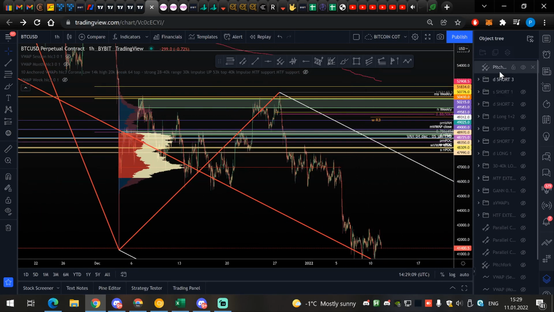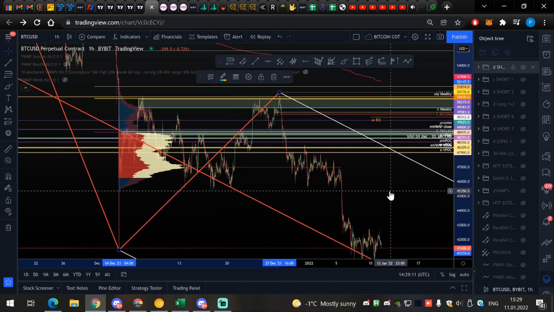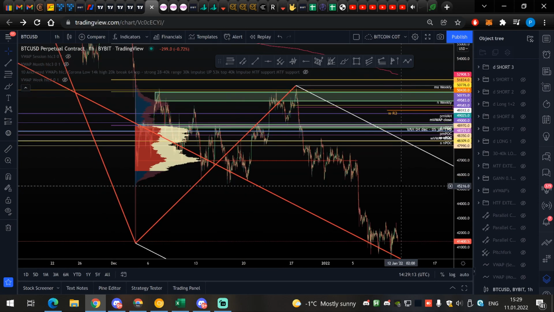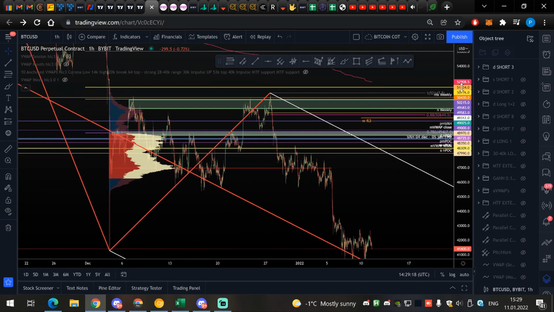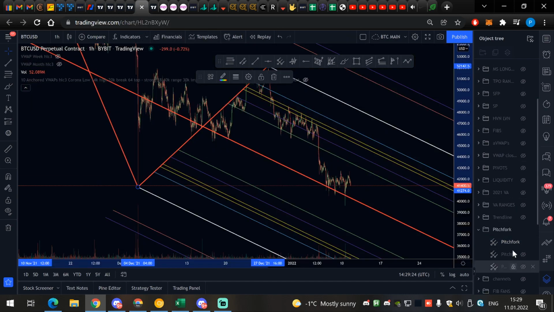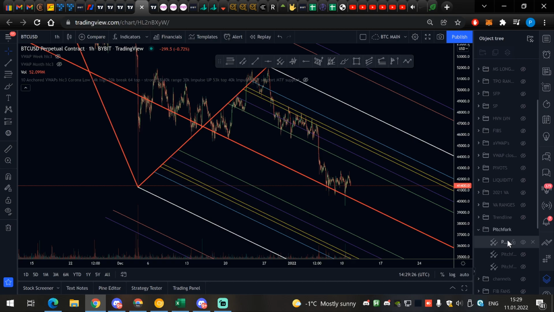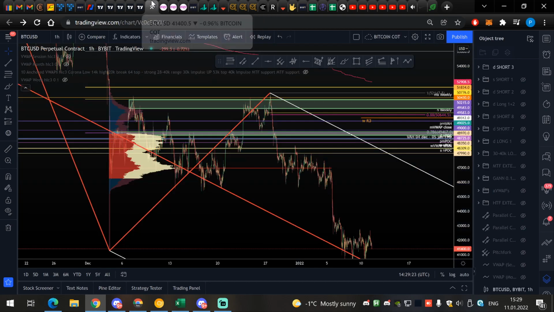Okay, so it's now ready there. Oops. Very good, and now we can use the other pitchfork, I think. I mean, this same pitchfork, but for other setup as well.